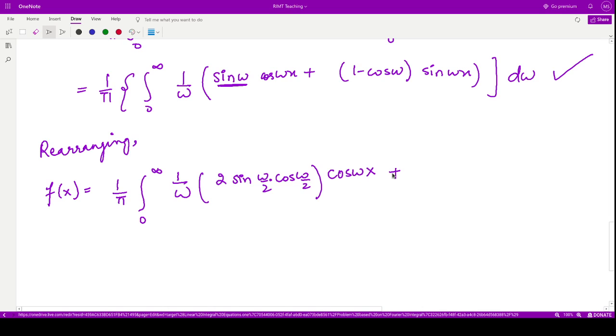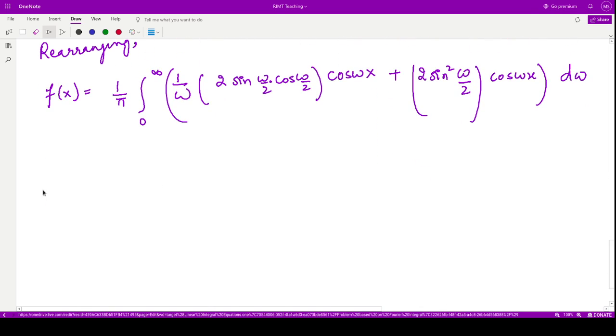And then in place of 1 minus cos omega, I can also use the double angle formula. So this thing becomes equal to 2 sine square omega by 2, right? Into cos omega x as such. So this is what we have here. So I can also rearrange it a little bit.